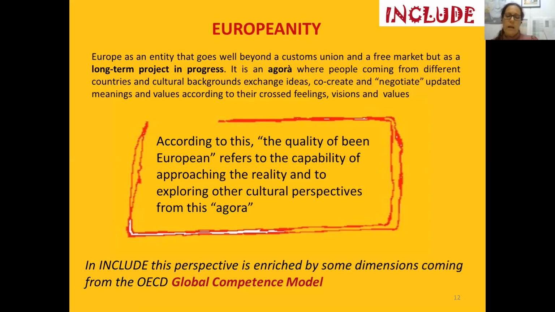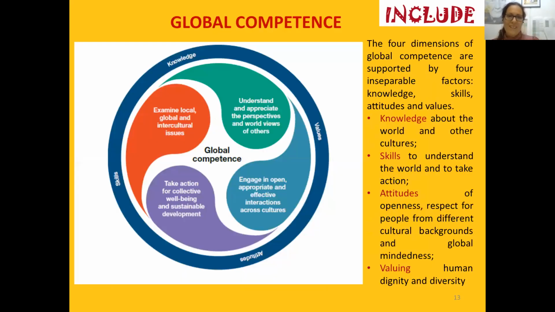In Include, this perspective of Europeanity is widened by some dimensions coming from the OECD global competence. So what does global competence provide? The global competence developed by the OECD provides 4 main dimensions and 4 other elements that overlap together.